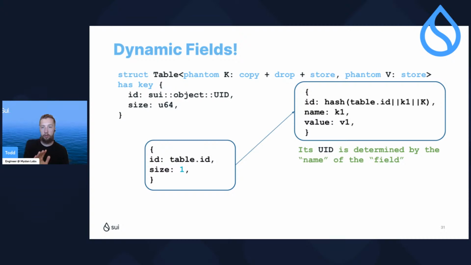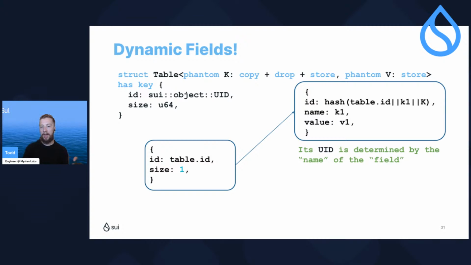With dynamic fields, we take a different approach where we hash the ID of the parent, the value you have, so in this case K1, and we also hash the type. We do this to make sure there's no overlap. The value here is really the BCS bytes, so we want to make sure that two different values with different types, but that happen to have the same BCS bytes, don't have a collision.